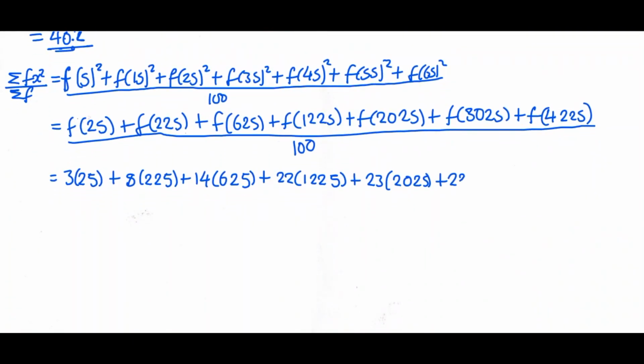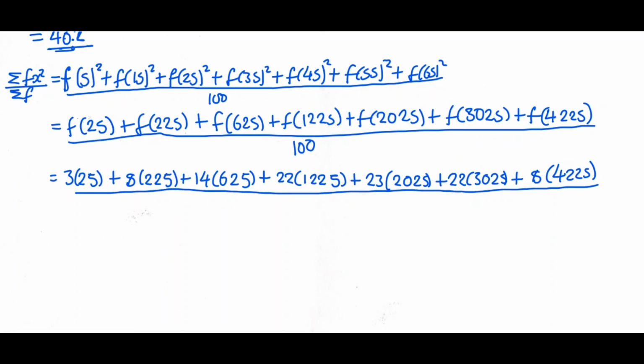So 22 will go with 3025, plus the last one is just 8, which will go with 4225, over the same total, which is 100. So we can see that it may look very long, but all the stages or processes involved are just very simple. So let's now do the multiplication and add.